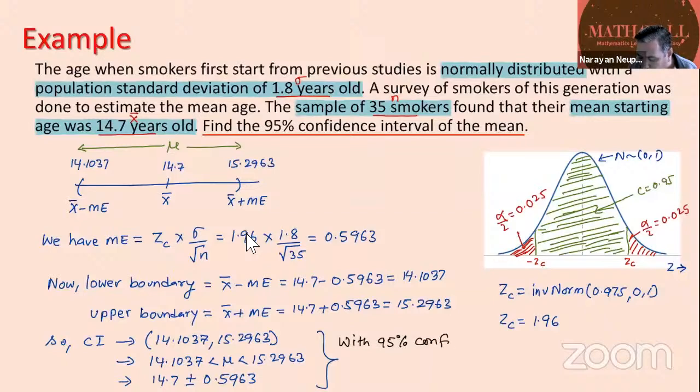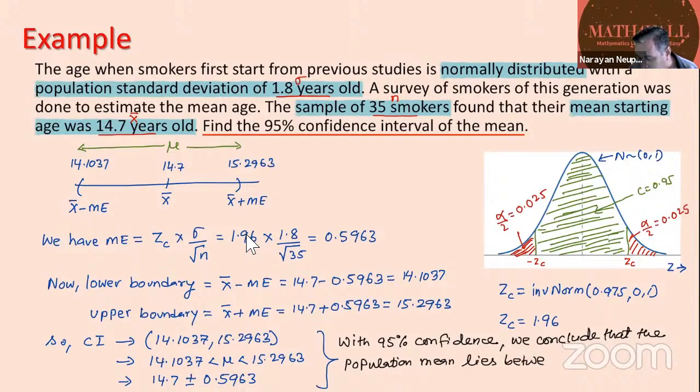With 95% confidence, we conclude that the population mean lies between these two values, which is 14.1037, in this case it is the years, and 15.2963 years.